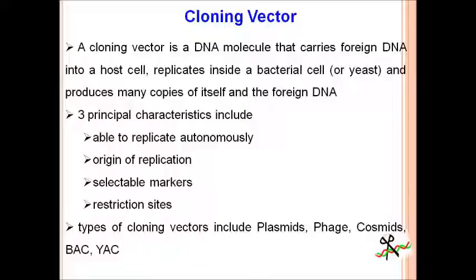It is the sequence from where the replication starts, and any piece of foreign DNA when linked to this sequence would also replicate inside the host cell. Besides ORI, the vector must also contain a selectable marker that would help in identifying and eliminating non-transformants and selectively permit the growth of the transformants.